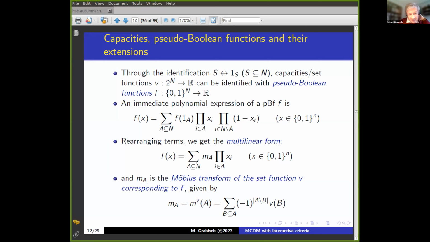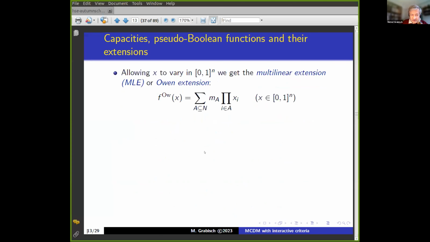I am telling this because I want to obtain an extension of the capacity V. Via these two formulas, especially this one, I can obtain an extension, which is explained on the next slide.